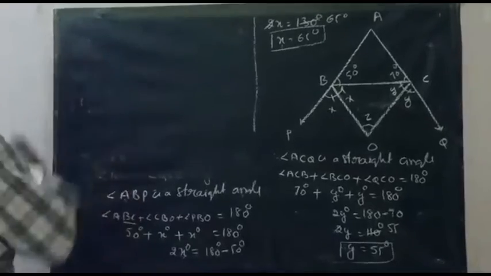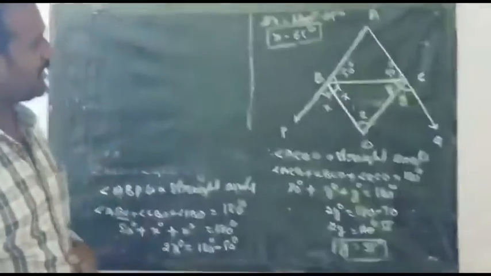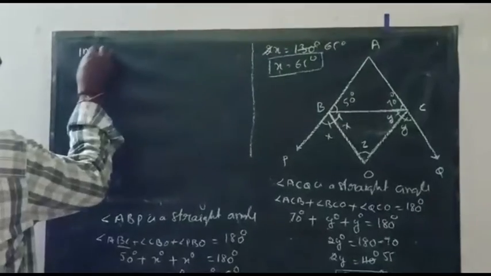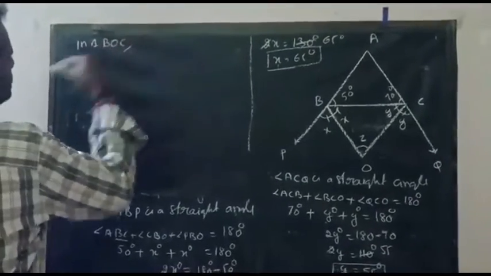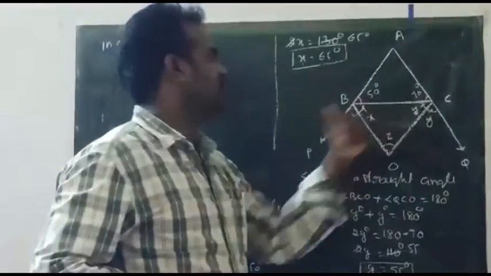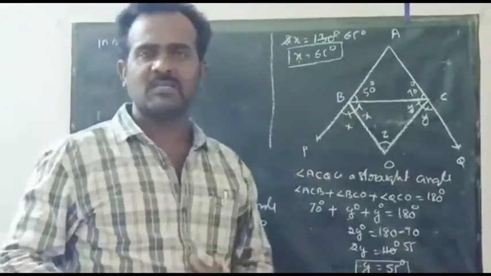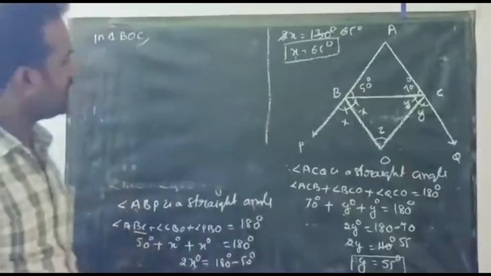Okay, next students, see in triangle BOC. So angle OBC plus angle BCO plus angle BOC is equal to 180 degrees, or not? Sum of three angles in a triangle is equal to 180 degrees.